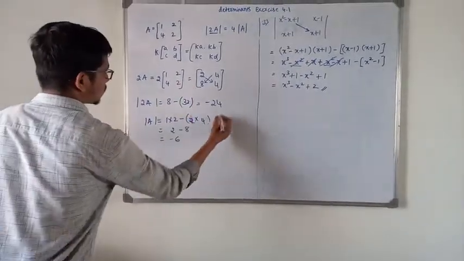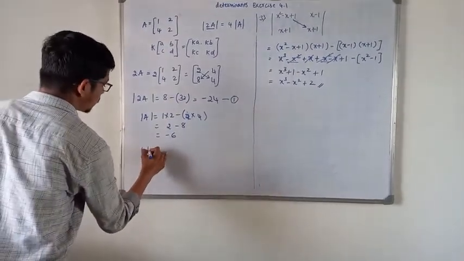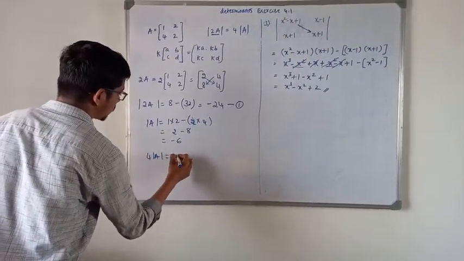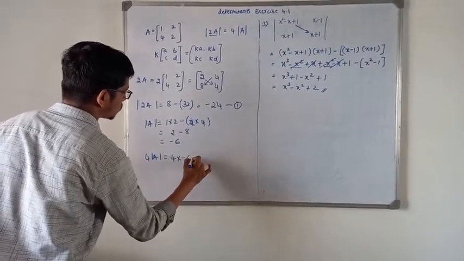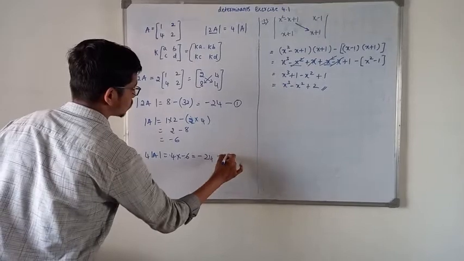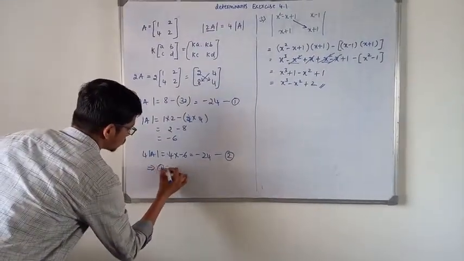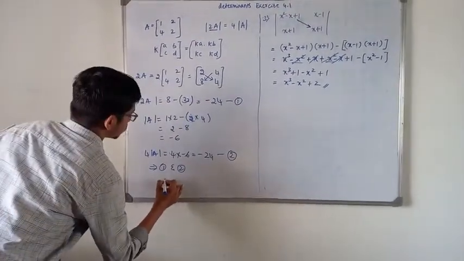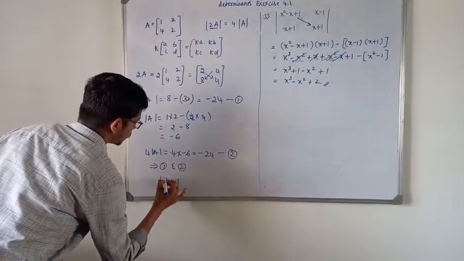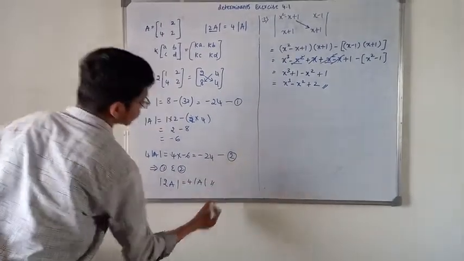Call it equation number 1. Then 4 into the determinant of A value is equal to 4 into minus 6, that is equal to minus 24. From 1 and 2, we can say that the determinant of 2A is equal to 4 times the determinant of the A matrix.